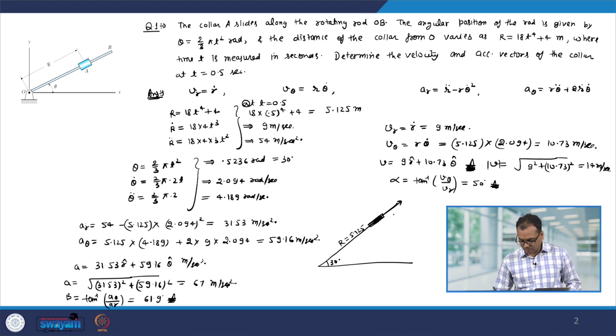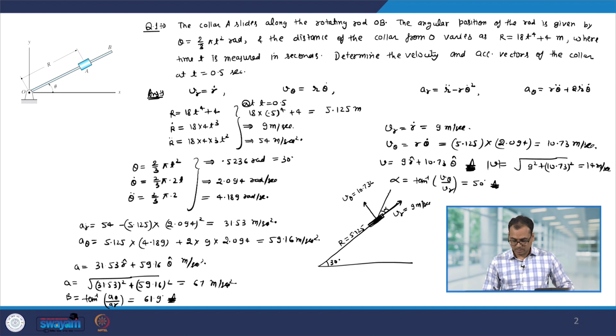V r will be along this direction, and it is 9 meter per second at t equal to 0.5 second, and V theta is perpendicular to it, which is 10.732, and its resultant makes an angle alpha that we have calculated comes out to be 50 degrees. So this is your V, and this angle is 50 degrees.